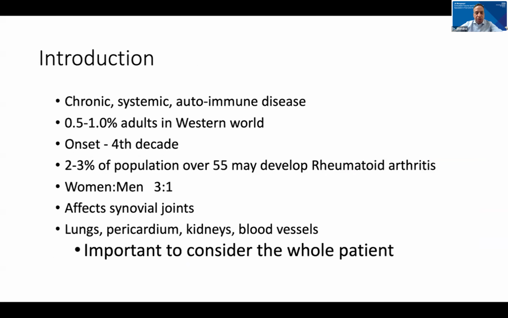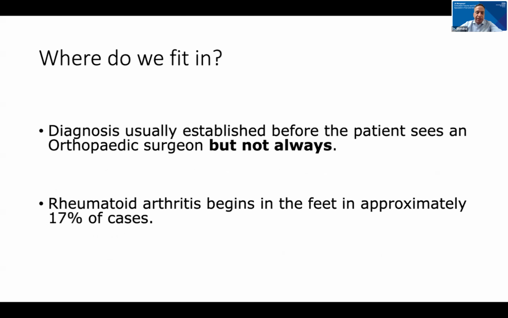Not telling you how to suck eggs here, but it's common in women and affects synovial joints, and as I said, it affects lungs, pericardium, kidney, blood vessels, everything. So it's important to consider the patient as a whole rather than just a particular joint. Regarding diagnosis, although I don't know how it is in Egypt, here most of the time the diagnosis is made by primary care physicians or rheumatologists, but in 1 in 5, we make the diagnosis because of something we find.